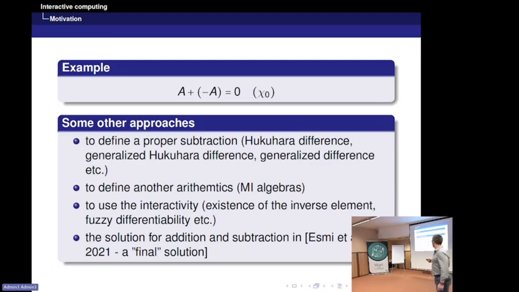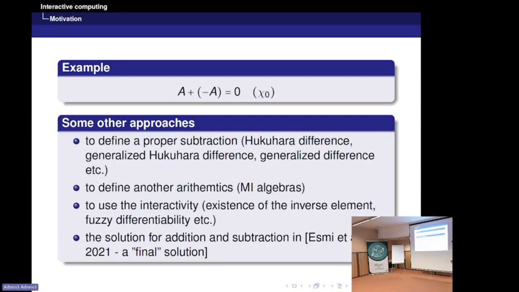When we have a subtraction, we can use fuzzy differentiability and so on. And this can be done with interactivity. Many people contributed to this direction, especially active is the group in Brazil. Me and also Peter contributed in several papers.